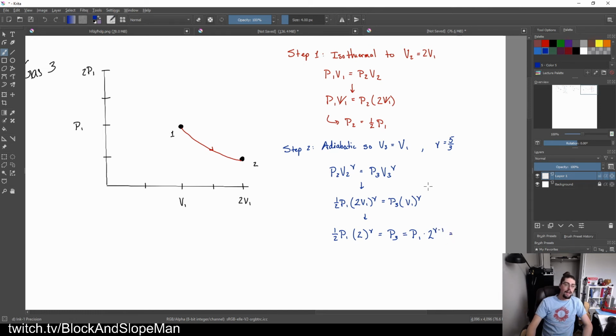But now we do need to have some decimal for this because I need to know where to put it on the graph. So this will be 1.587 times P1. This just helps it stay nice and exact. It's an easy way to write down an exact number. So that'll go back. We put it at 1.5, so it's a little bit above that second tick mark. About right there.